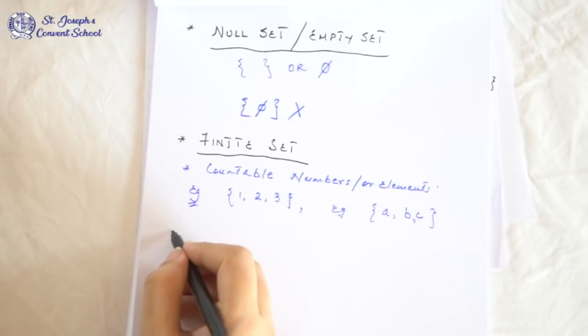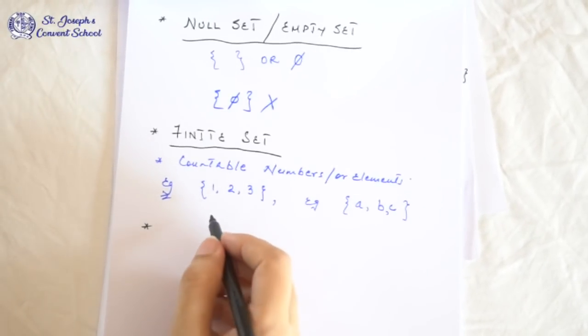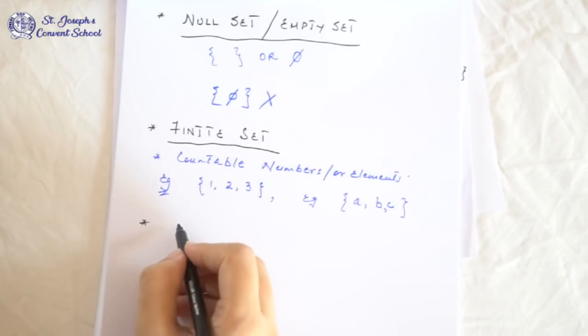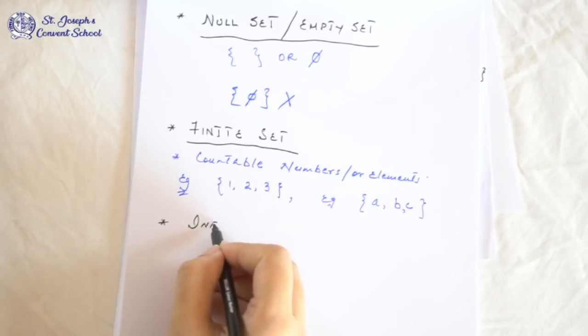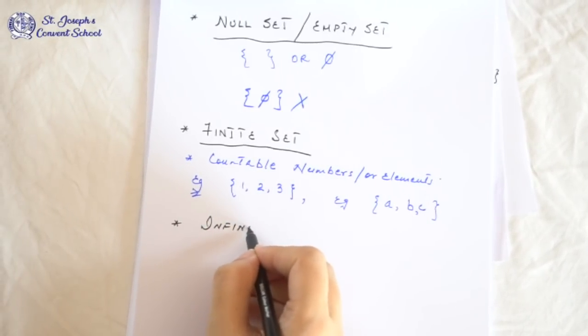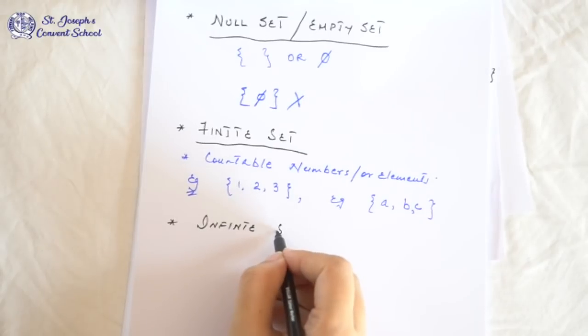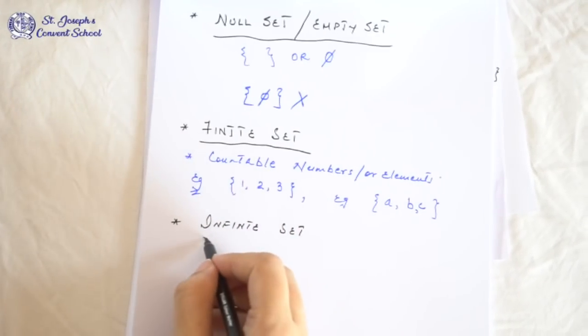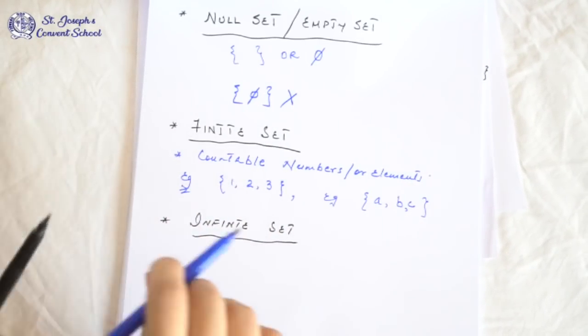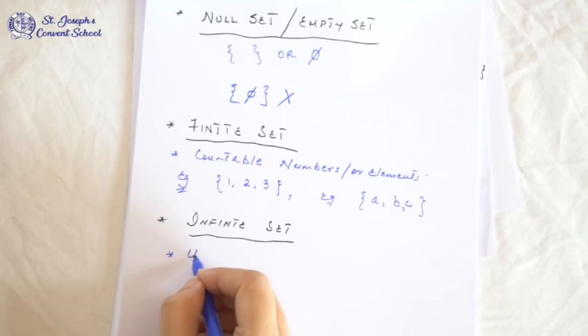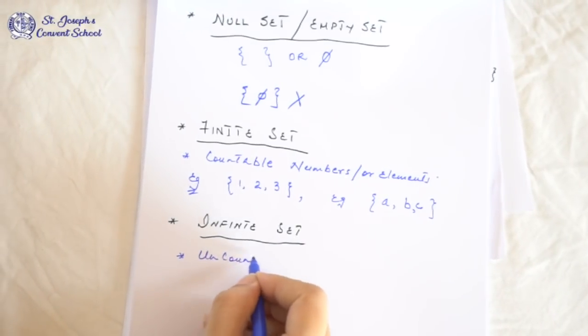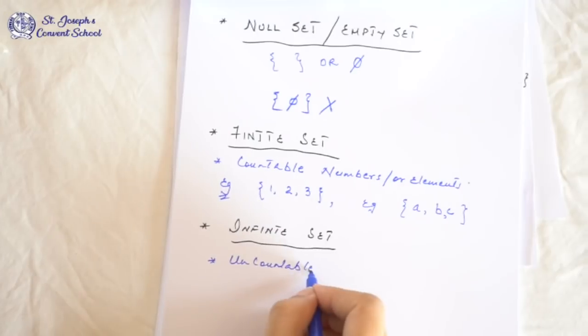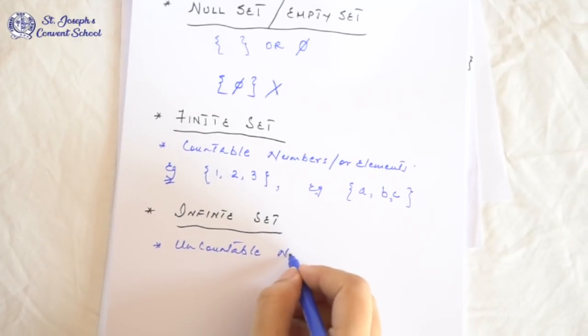Now there is the infinite set. The word infinite is from this symbol, the short form of infinity. Infinite set means unlimited or uncountable numbers. When you cannot count them, uncountable. Okay, uncountable numbers or elements, you can say.